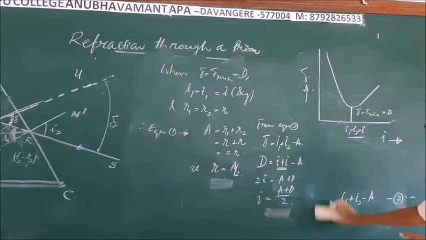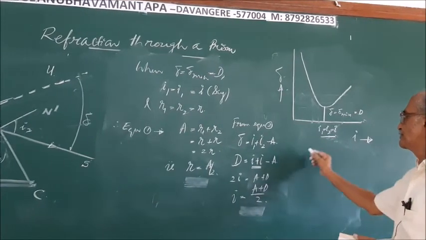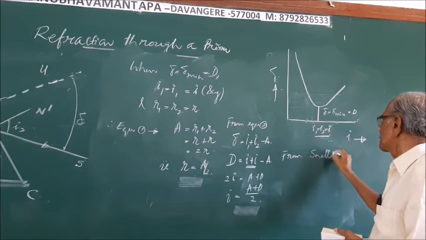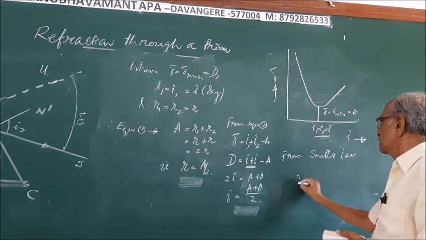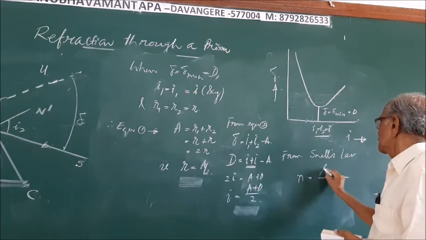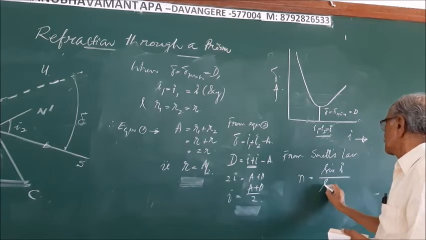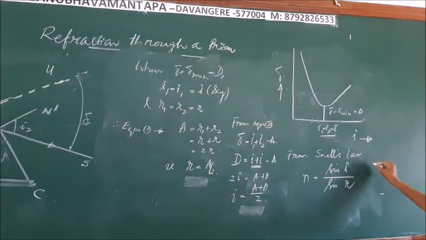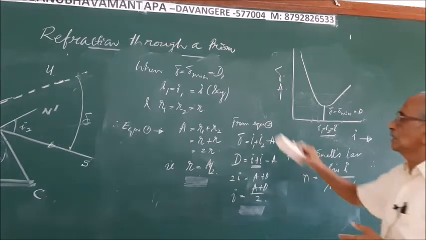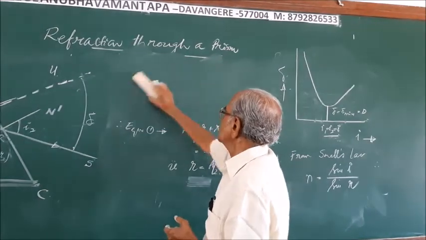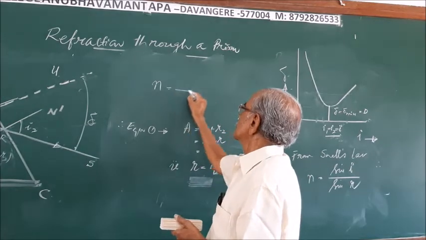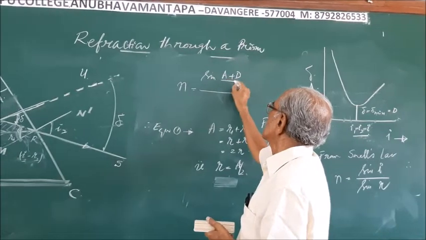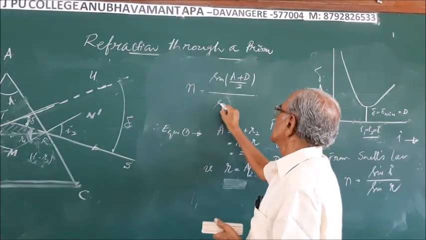Remember Snell's law of refraction, which goes like this: n equals sin I upon sin R. Substituting here, we have n equals sin of (A plus D) by 2 upon sin of A by 2.